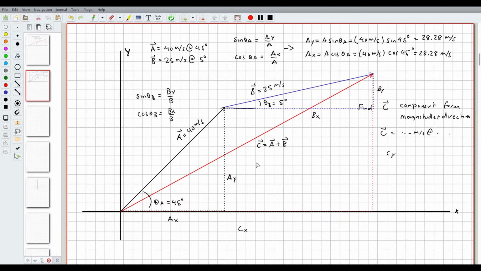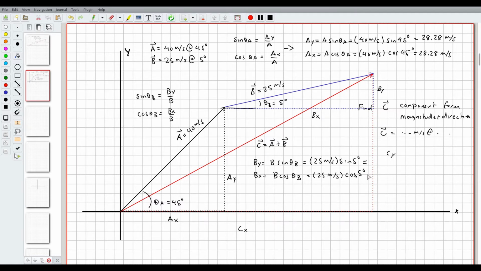And if you solve for BY and BX, BY is 25 meters per second sine of 5 degrees, and BX is 25 meters per second cosine of 5 degrees.